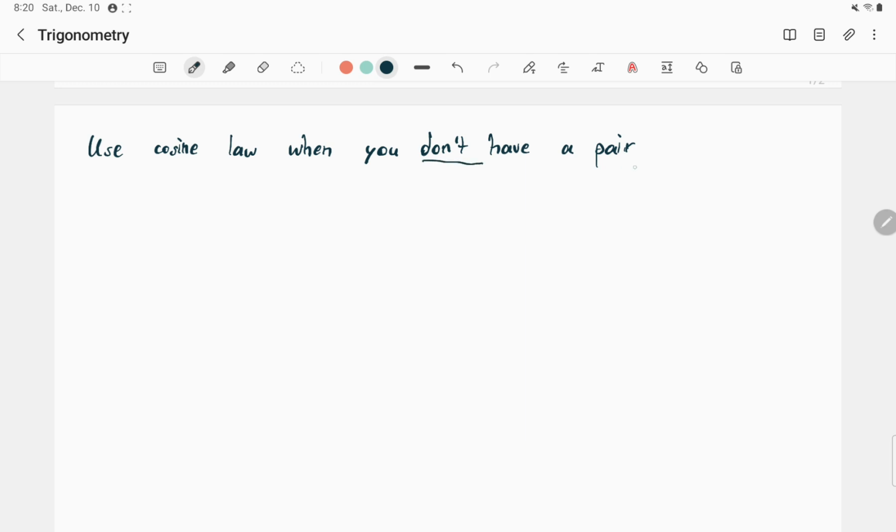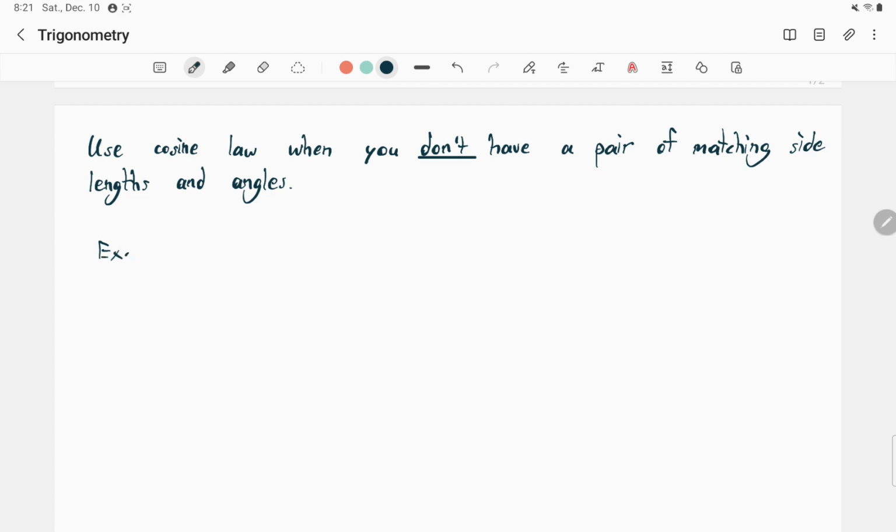Again, there's better ways to say this mathematically, but I'm trying to teach it so you can understand exactly what to do and just go from there. Use cosine law when you don't have a pair of matching side lengths and angles.